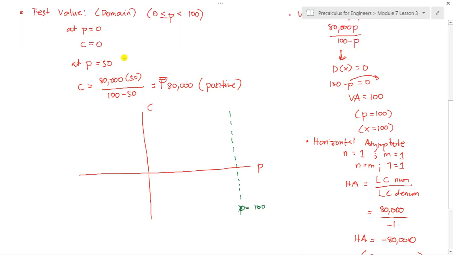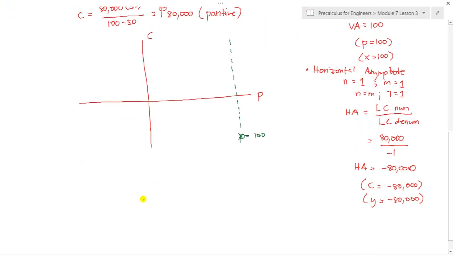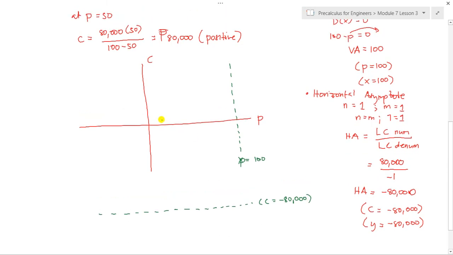Next is ang horizontal asymptote. Ang horizontal asymptote baling layo na diri nga part. Pinakaubos na gid diri. Actually layo na siya because c here is equals to negative 80,000. So layo na kay ang horizontal asymptote. And then ato ra mong boundary is from 0 ra sa origin padong sa 100 ug wa kaabot sa 100.